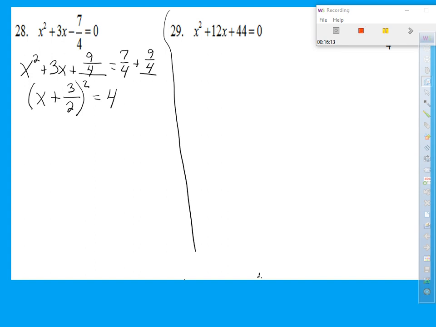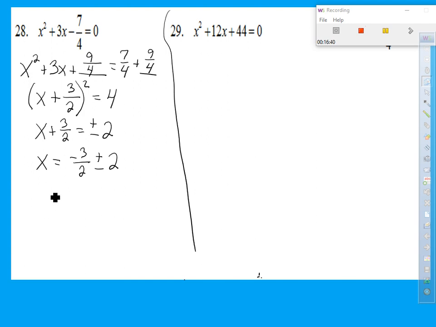To bring it home now, let's square root both sides. I've got x plus 3/2 equal positive or negative 2. X becomes negative 3/2 plus or minus 2. Now, just grab your calculator.